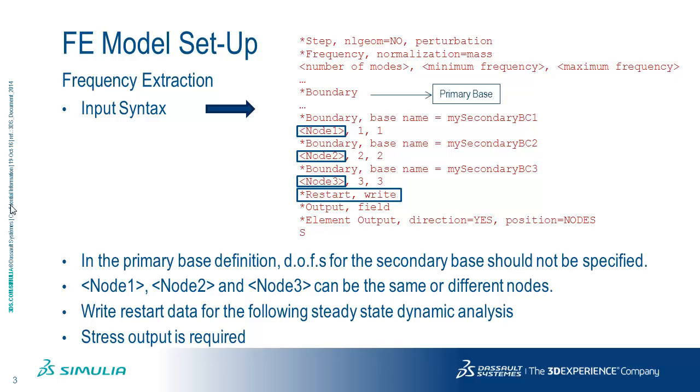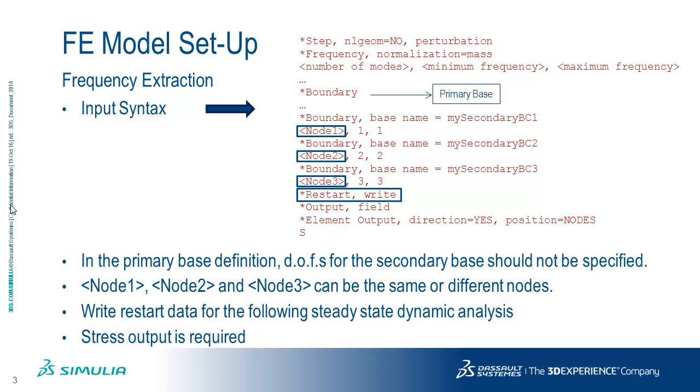Here, you need to use the restart write option to make sure that the Abaqus run will write the additional output information so that you can restart on top of those modal stress extractions.